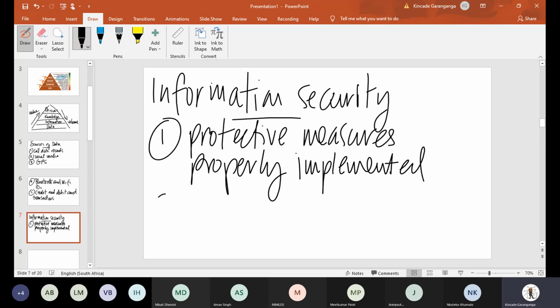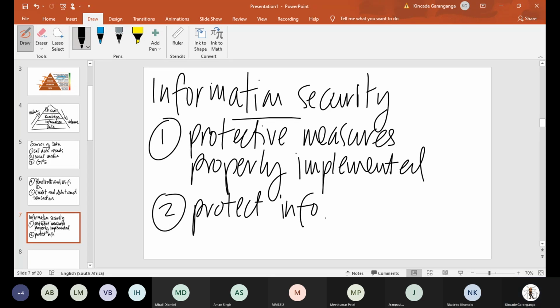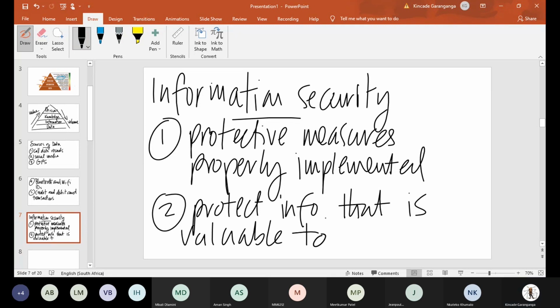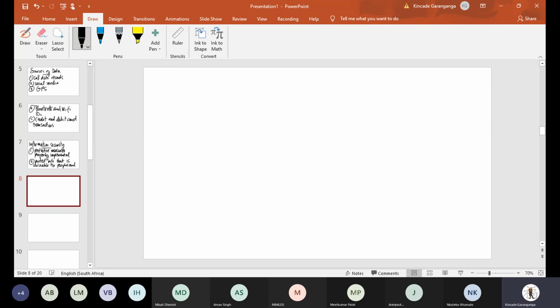And then the second thing that you also want to ensure, like we mentioned before, obviously protection or protect information that is valuable to both people and organizations, right?